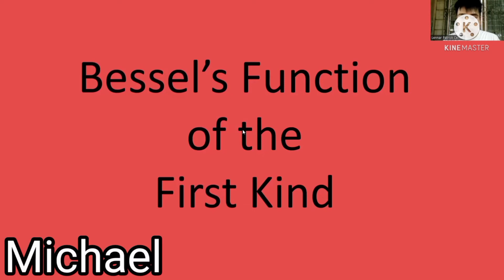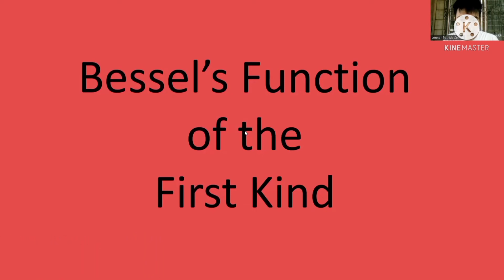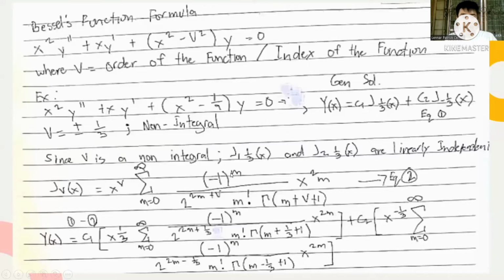Bessel function of the first kind. Example ito ng Bessel function of the first kind. Ang formula ng Bessel function, itong x squared y double prime plus x y prime plus x squared minus v squared times y equals 0, where v, yung order of the function or index of the function.